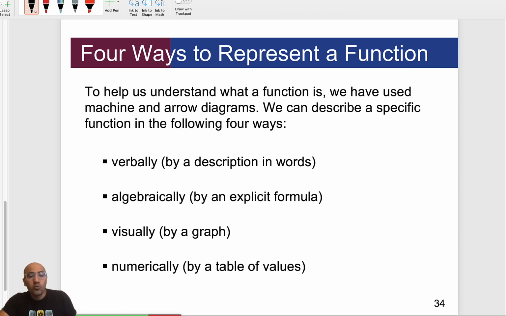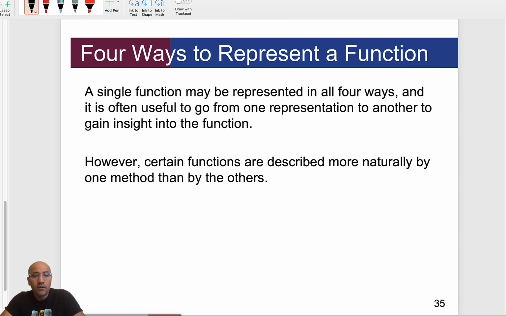Either the function is only defined for a finite number of values, or the table provides a pattern that we can use to find other values, right? If we can see from a table that we're always doubling the input, we can see that the pattern exists and use it. So see, a single function can be represented 4 ways.